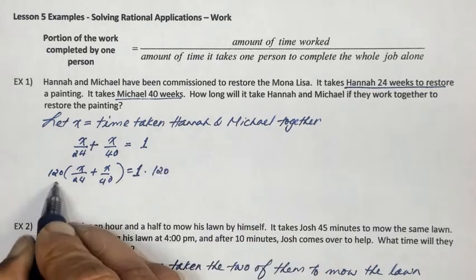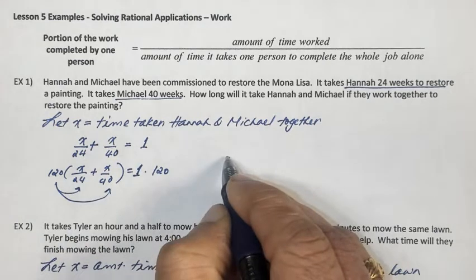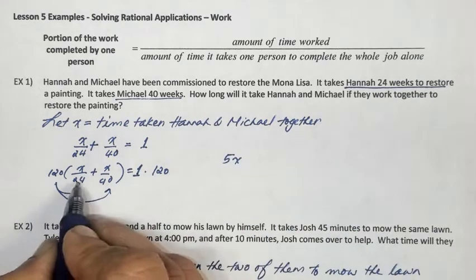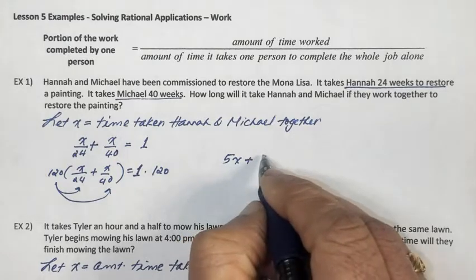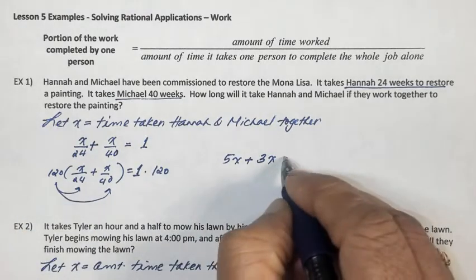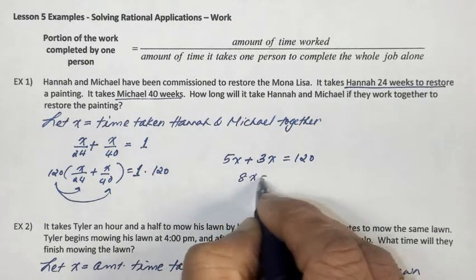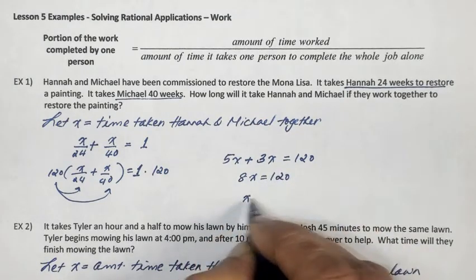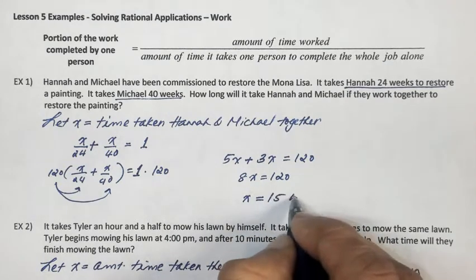So when you distribute this, you get 5x, because 24 goes into 120 five times, 5x plus 3x, which is coming from 40 going into 120 three times, equal to 120, or 8x is equal to 120, x is equal to 120 over 8, which is 15 weeks.